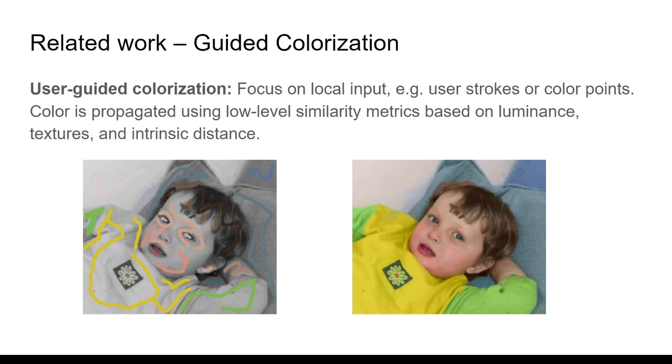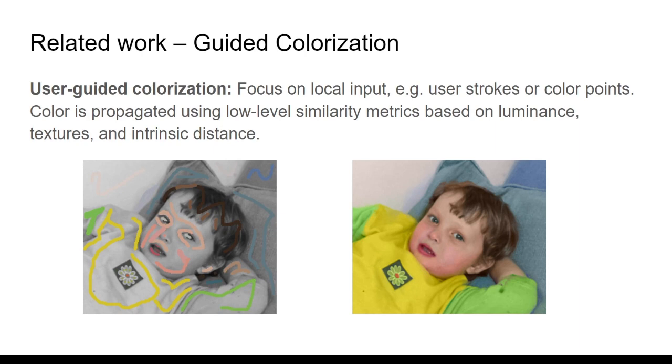Color is propagated using low-level similarity metrics based on luminance, textures, and intrinsic distance. Colorization using optimization is an example of user-guided colorization.